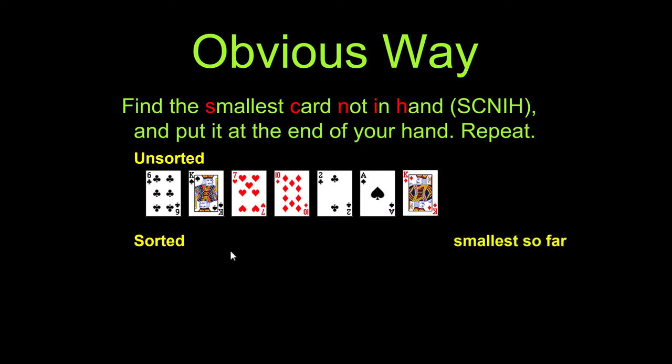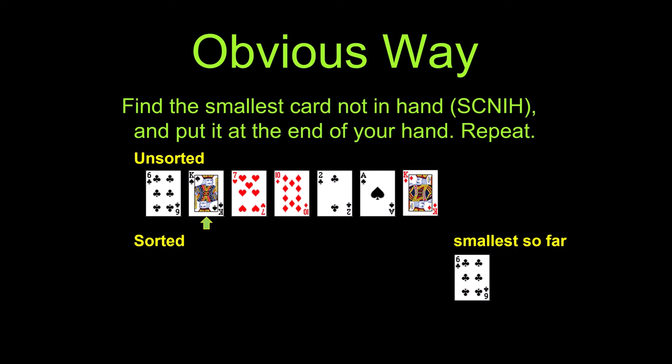Note that at any moment we can work with 2 cards at a time, compare the 2 cards to do something with them. This is good enough for our purpose to go through whatever is in the unsorted part to find the smallest so far. At the beginning, we have the very first card to be the smallest so far. Then we look at the next card, which is the king, to compare with the current 6. 6 is still smaller than king.